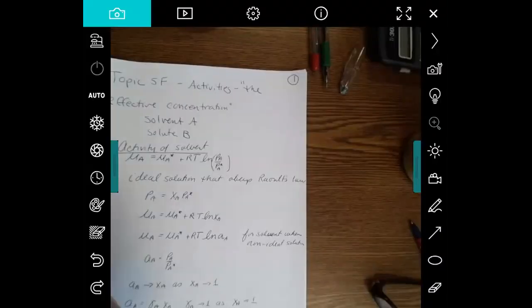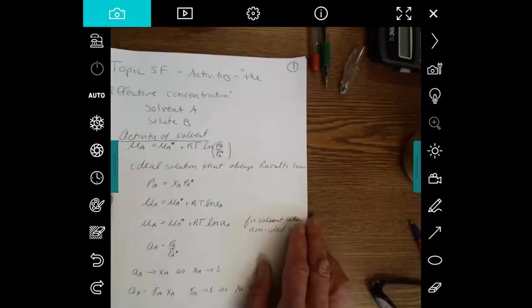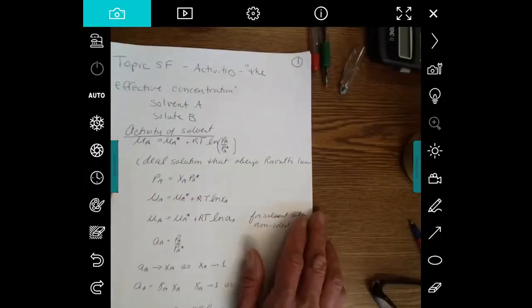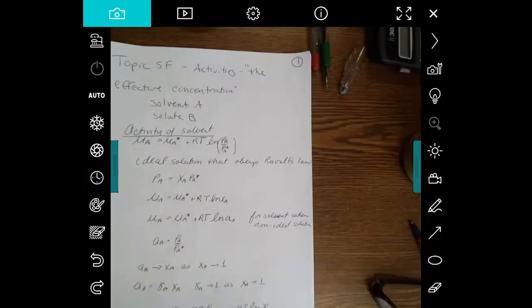Going to start the last section of focus 5. So I'm going to share my screen. So we're going to talk about activities, which you want to think of as just the effective concentration. So how does the solution behave?